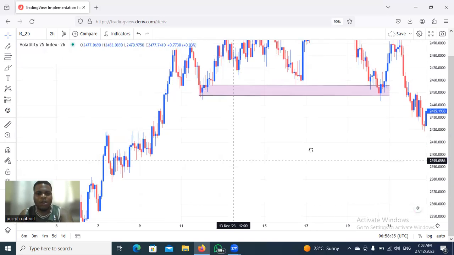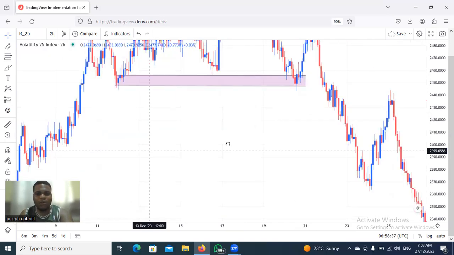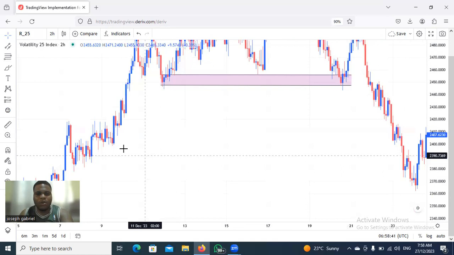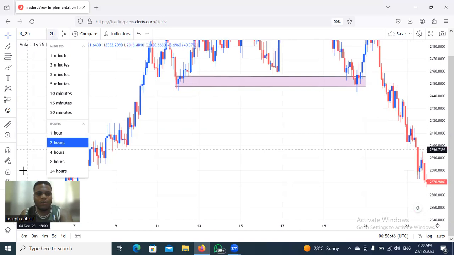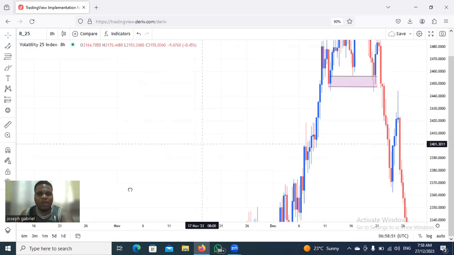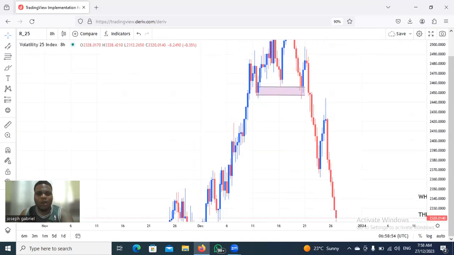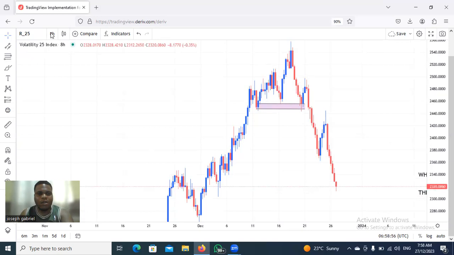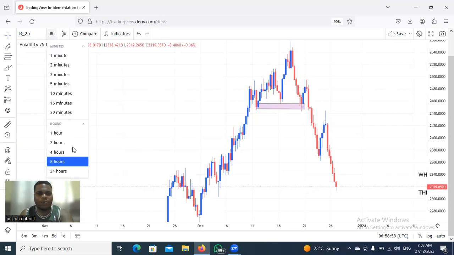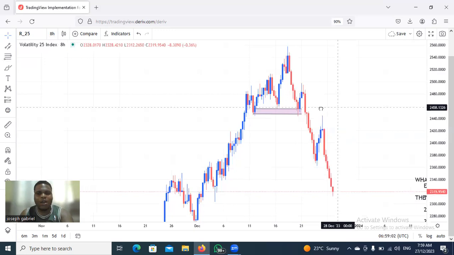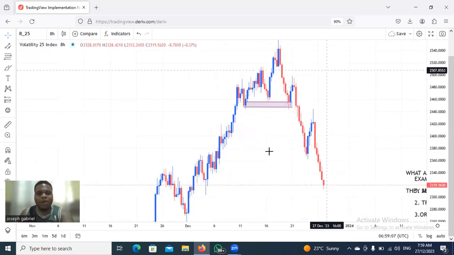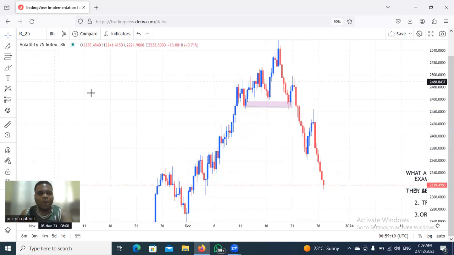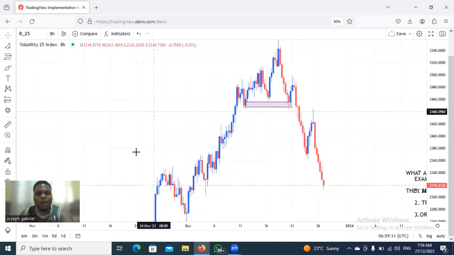Let's see if we can find another one again, and we are going to mark out the resistance level. Like I was saying earlier, for you to mark a support and resistance, there are two things the market must be doing.